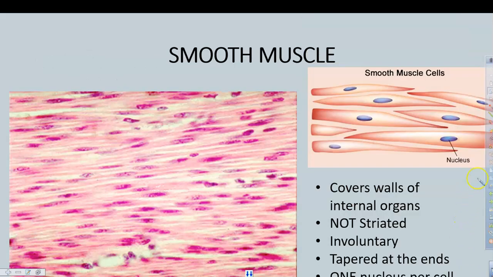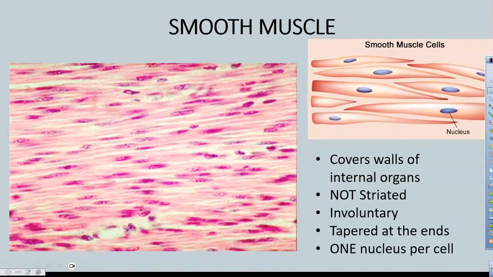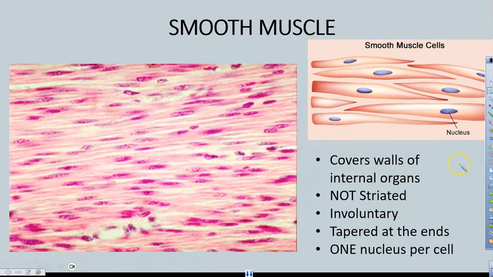All right. And then we have smooth muscle. The rest of your organs will have smooth muscle. Smooth muscle just looks smooth under the microscope. It looks like this, just nice and wavy. In the cartoon, we say it has tapered ends. Can you see how the ends are kind of flattened off? You can't really see that under the microscope so well.